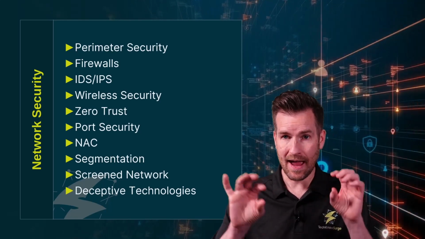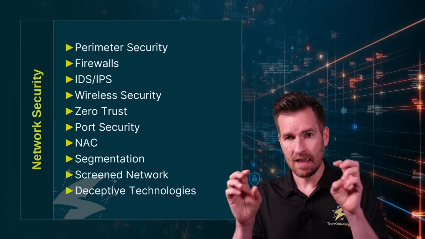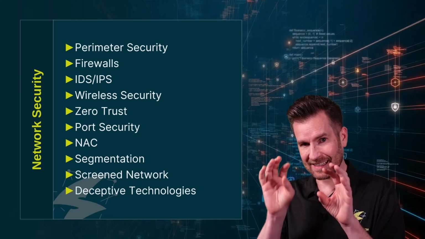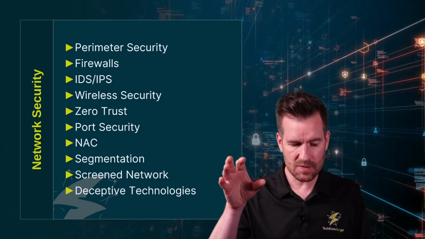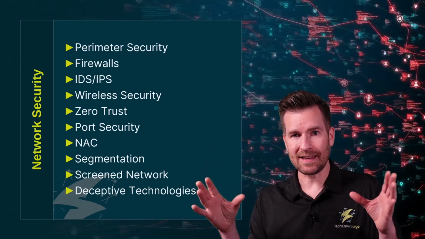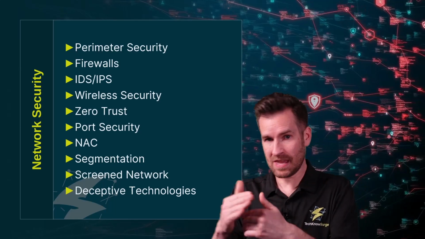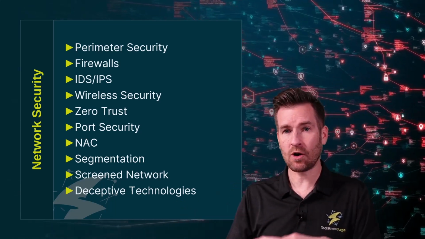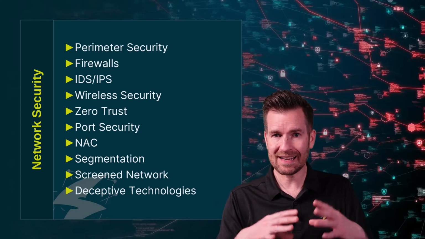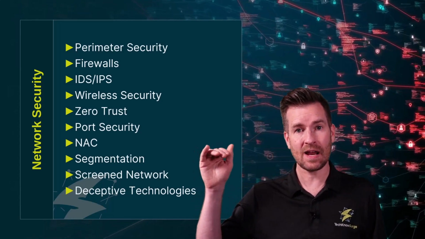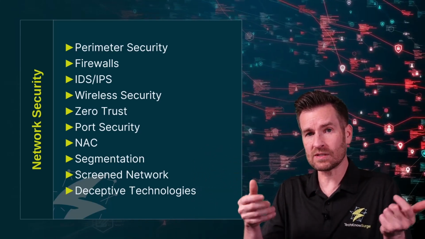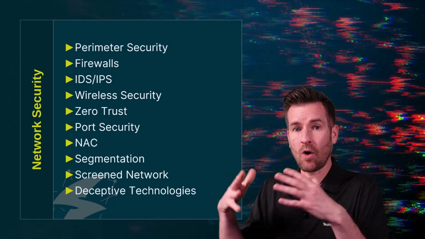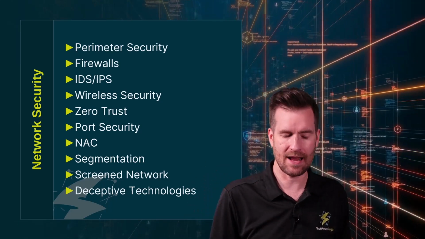We also talked about how segmentation allows us to be less vulnerable and put things like our management traffic onto separate networks so we keep those more secure. We also talked about screened networks and how creating a DMZ or a screened network can allow us to open up resources to the outside world without opening up our internal networks to the outside world.